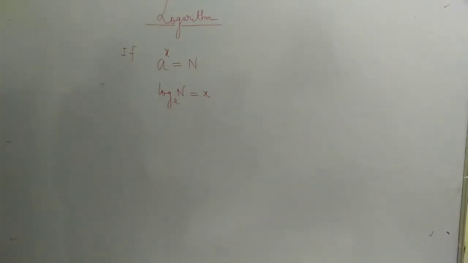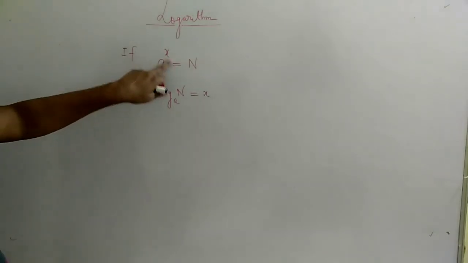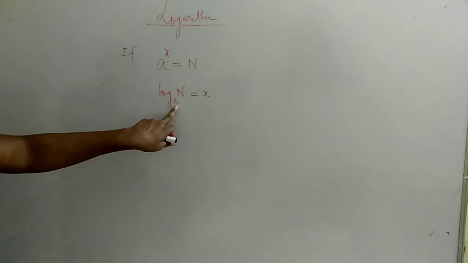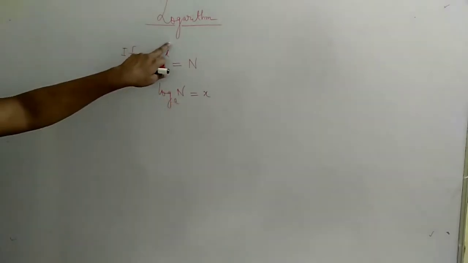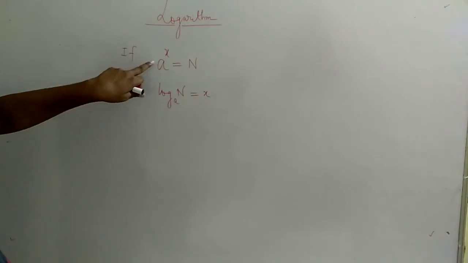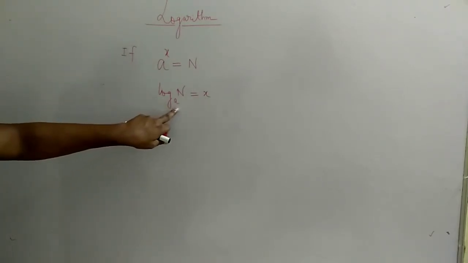This is the basic definition of logarithm. So if a to the power x is n, then the log of n to the base a is x. So the base remains the same. The base of the indices is a, and the base of the logarithm is also a.